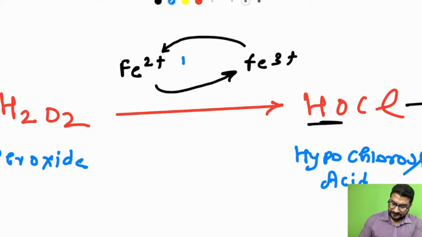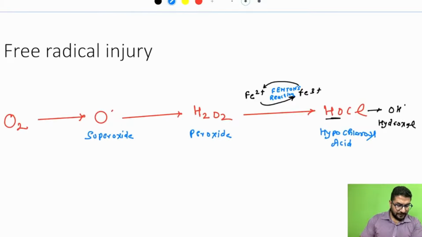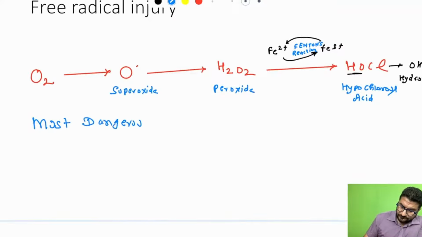This reaction is what we call Fenton's reaction. Now try to understand what type of question they ask in the exam. They ask about the most dangerous free radical. The most dangerous free radical is the hydroxyl free radical.